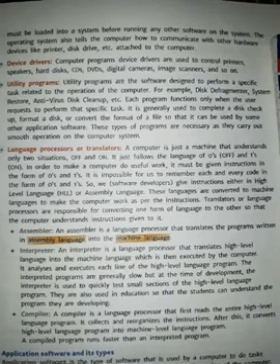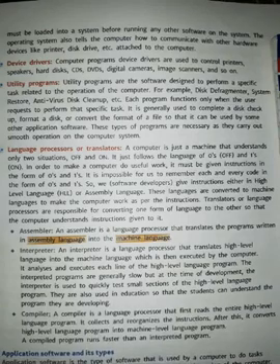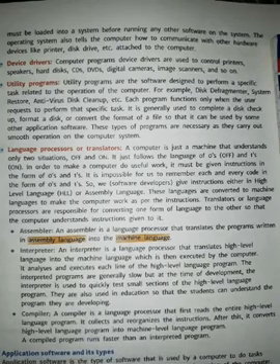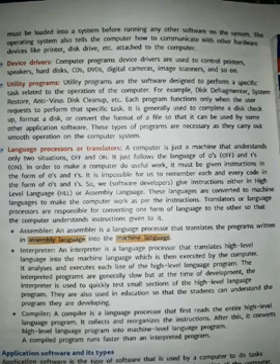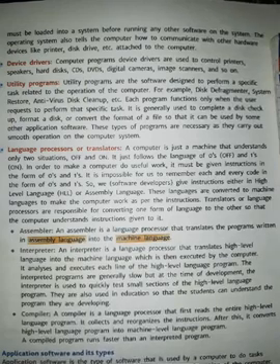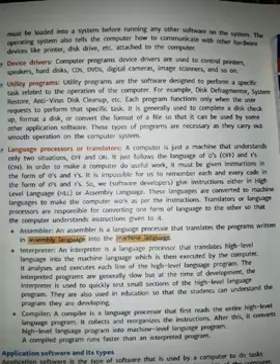So here we see the next, application software and its types. Application software is used by the computer to do different tasks other than the starting and running of the computer.